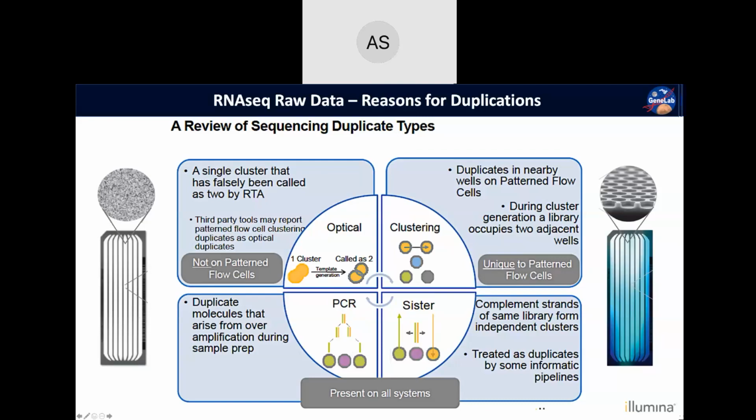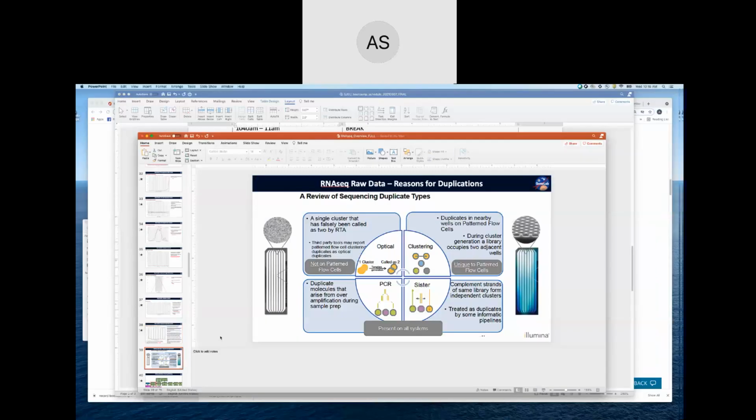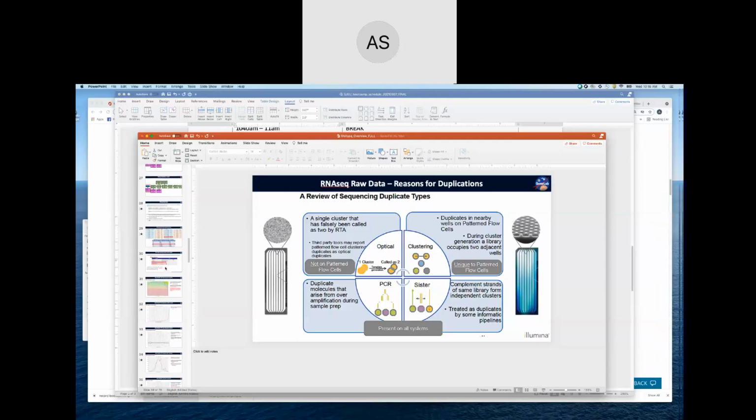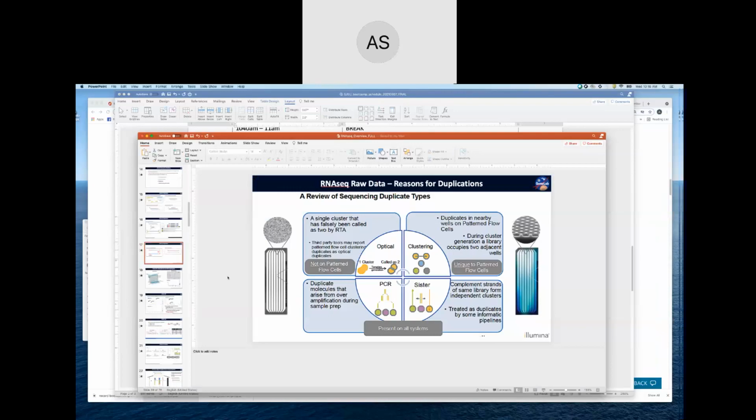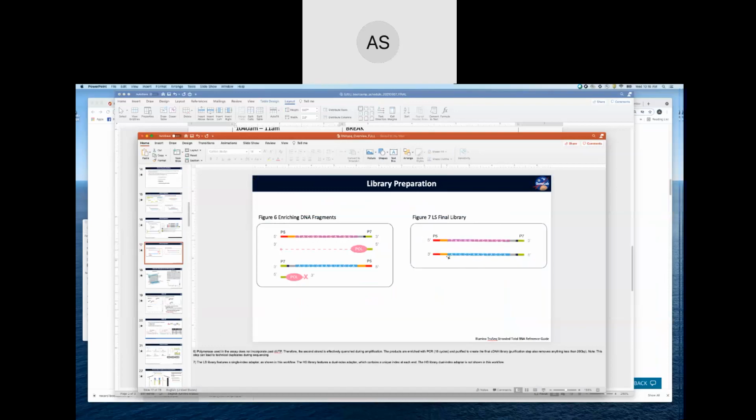Yes, absolutely. So when you have your final library, as you see on the right here, our libraries are double-stranded, right? DNA does not like to be single-stranded, and so in order to maintain the integrity of the library and to be able to store it for at least a little bit, those libraries are double-stranded.